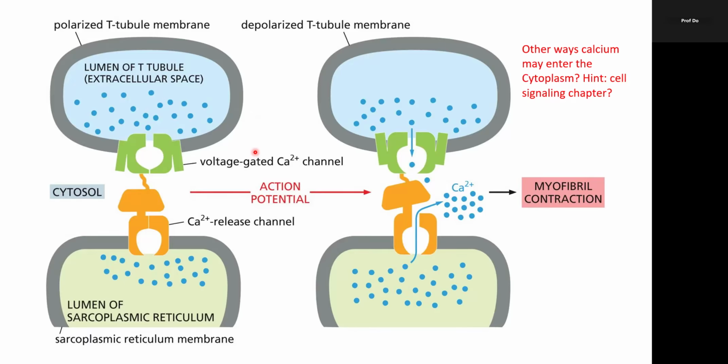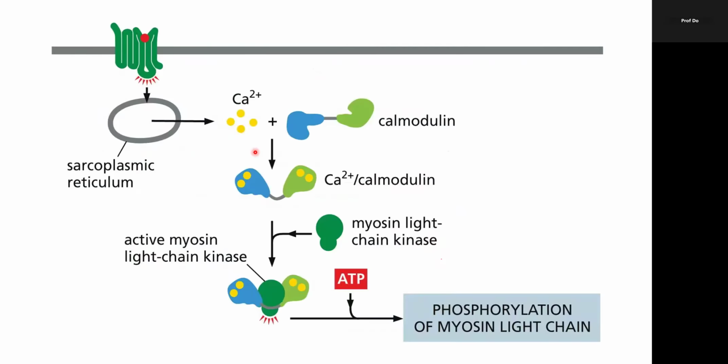Now, how does it work? Once a signal is released, it could be a hormone, but mainly, and for this particular case always, it's a neurotransmitter. It's going to relay its signal. It's going to tell your sarcoplasmic reticulum, release the calcium because a voltage change has occurred.